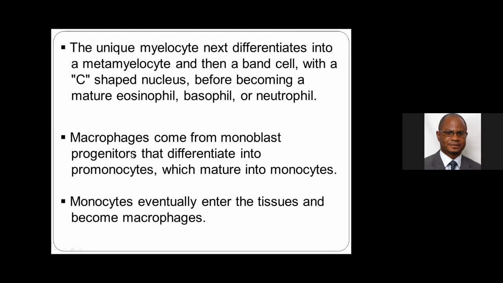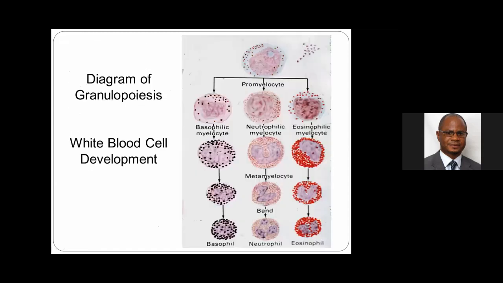Macrophages come from monoblasts, progenitors that differentiate into promonocytes, which mature into monocytes. Monocytes eventually enter into tissues, remember that, and become macrophages. So macrophages are not entirely a different cell. They are only differentiated monocytes.